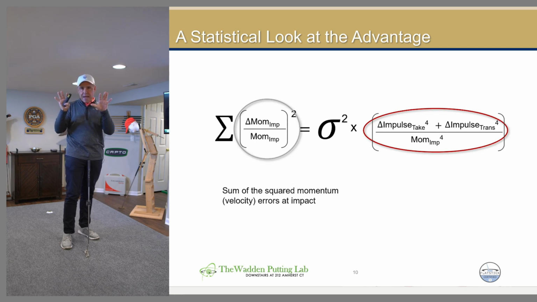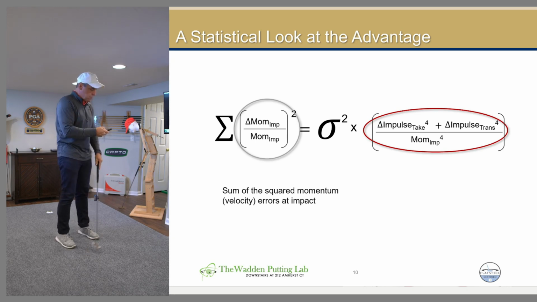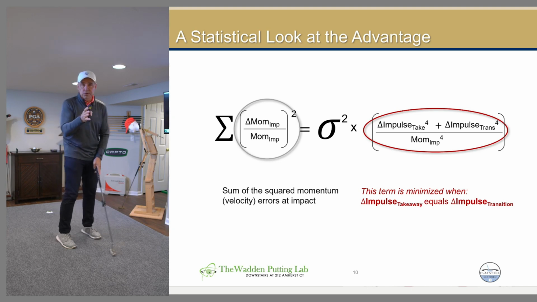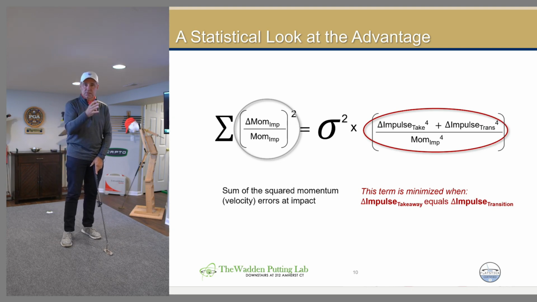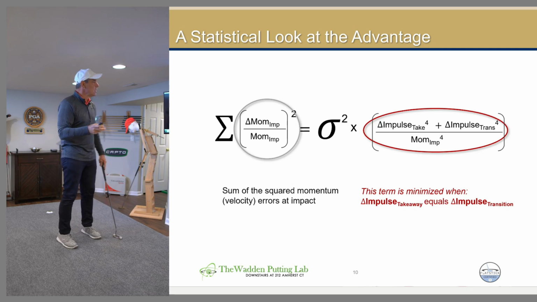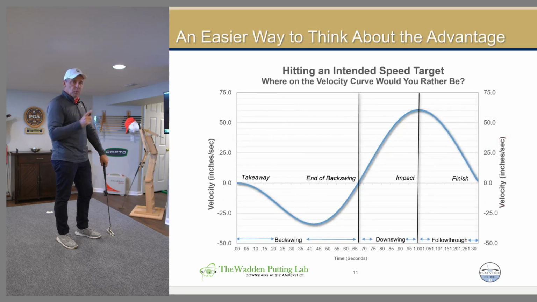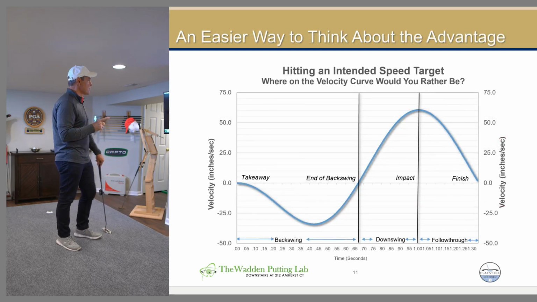When the two are matched and balanced, this term on the right is at its smallest, so that when we do a good job of matching the takeaway and transition forces, the overall speed errors that we get are at their smallest.